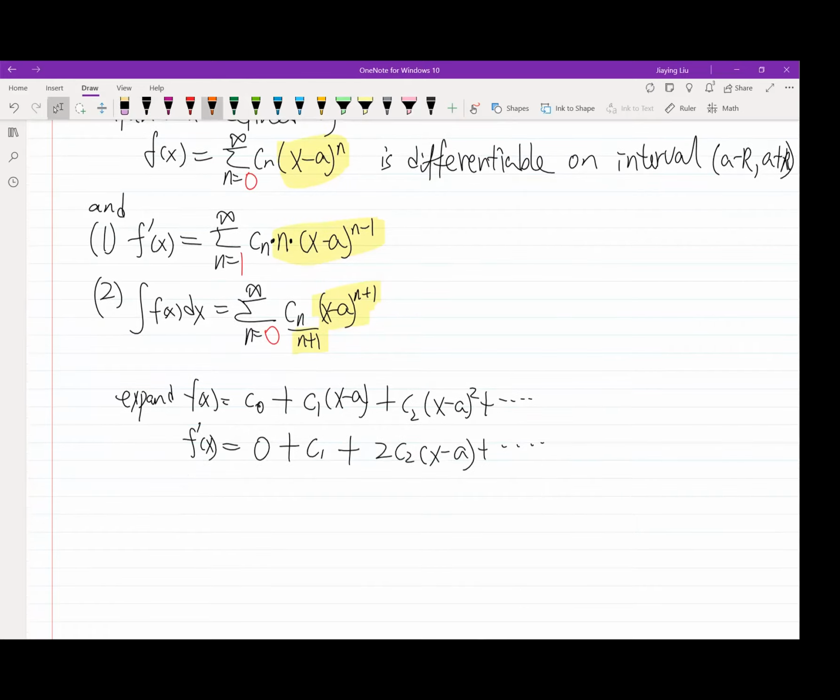So in the derivative, as you can see, the first term always becomes 0 because we take the derivative of the constant c0. So in the derivative, we always begin with c1, not c0. Oh, I forgot something. We add a capital C here.